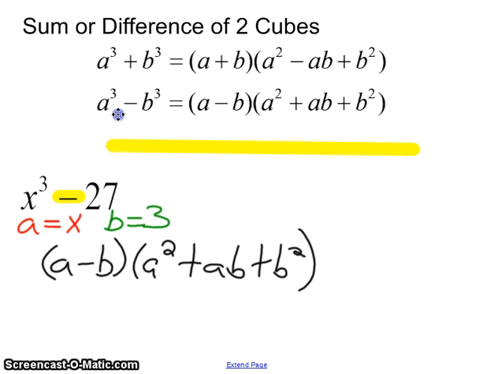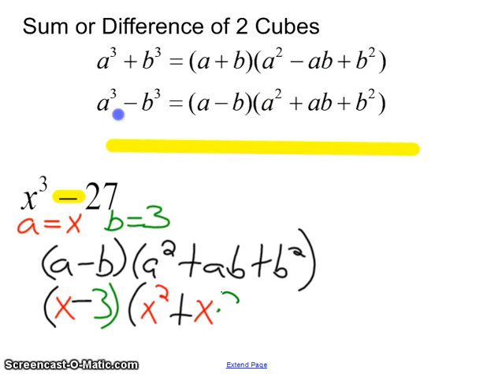So I've got x minus 3 times x squared plus x times 3 plus 3 squared.